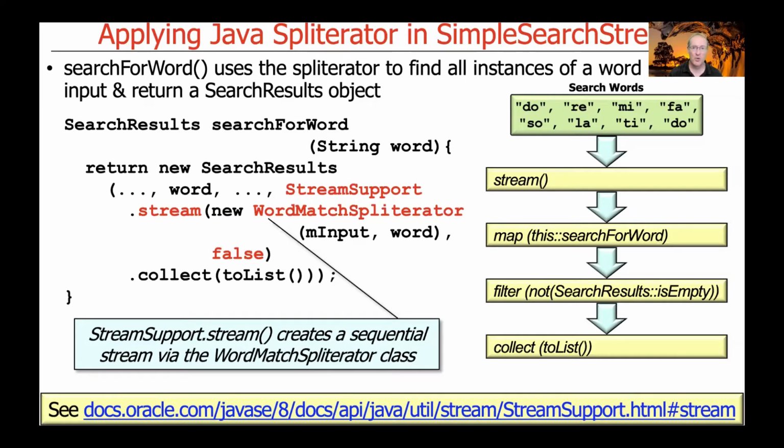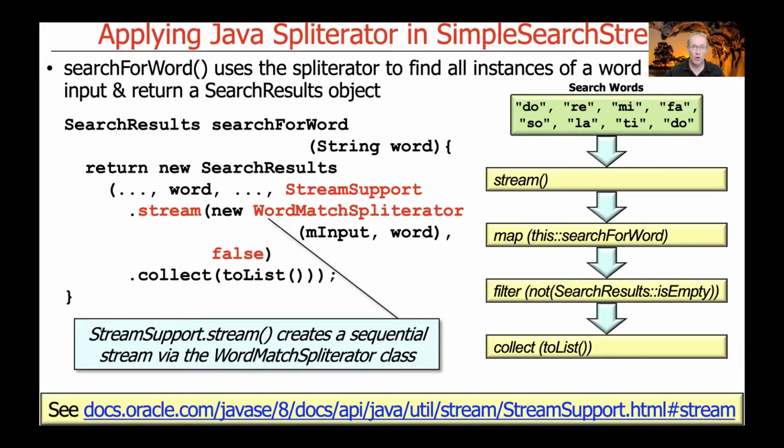And the way we're going to come up with that list of Result objects that keep track of the indices is we're going to use the WordMatchSpliterator, which is the focus of this lesson. So WordMatchSpliterator, as you can see here, is going to take the input string as one parameter and the word we're searching for as the other parameter, and it's going to then create a Spliterator, and that Spliterator is going to be passed to the StreamSupport.stream method.